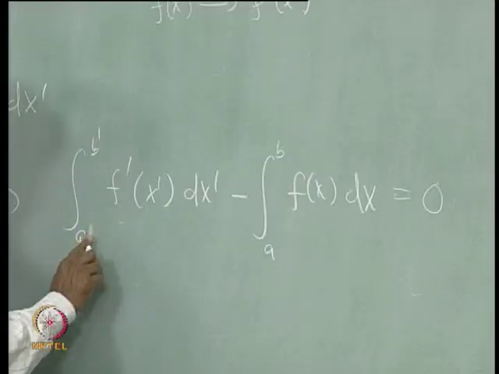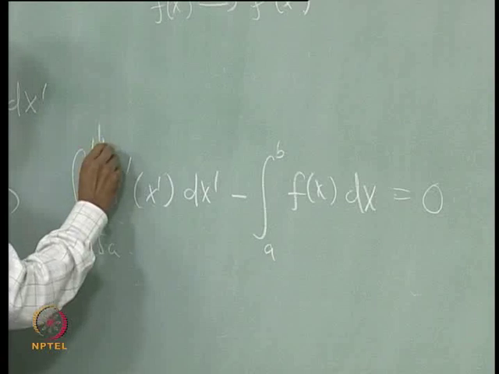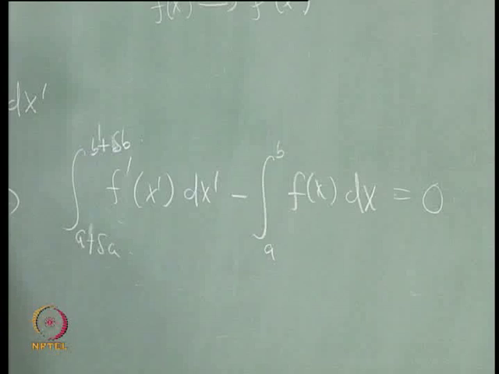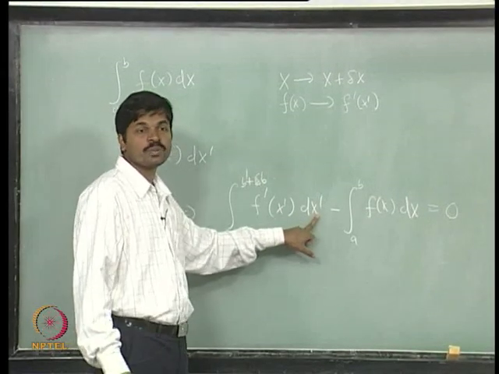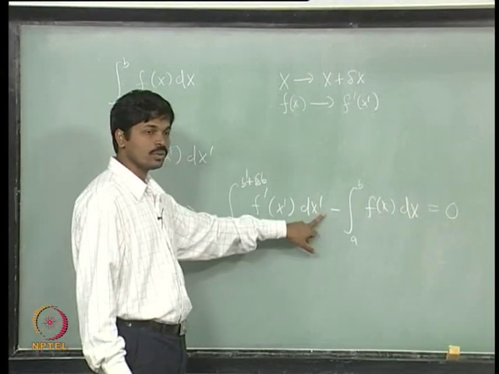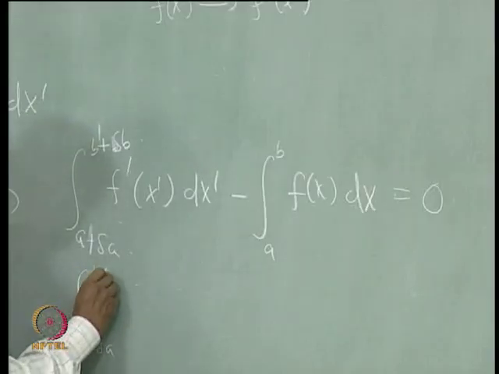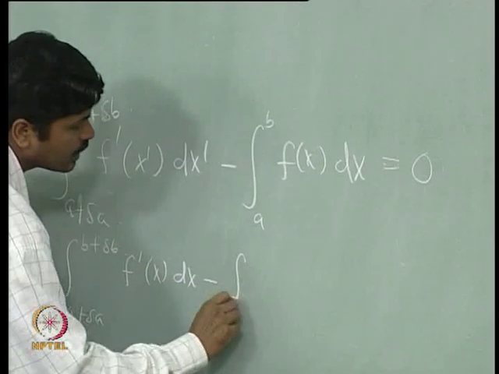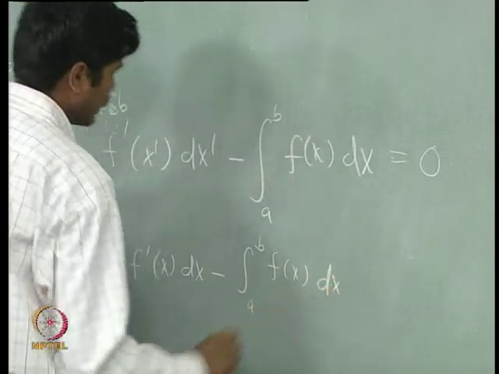So, the integration limits go from a plus delta a to b plus delta b. Now, you can do even better. In this integration, x prime is just a dummy variable, you can change this to x. So, what you get is the integral from a plus delta a to b plus delta b of f prime of x dx minus the integral from a to b of f of x dx.